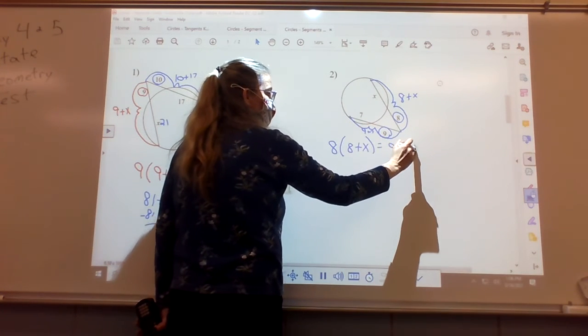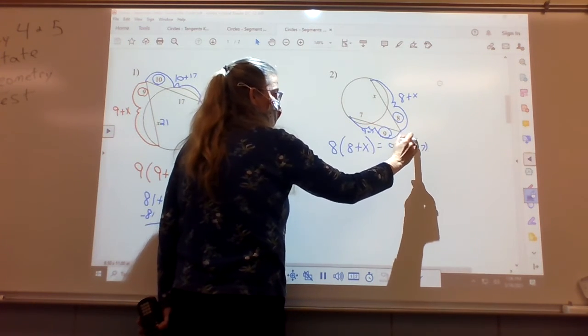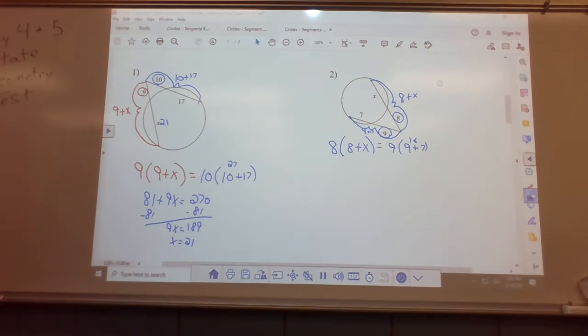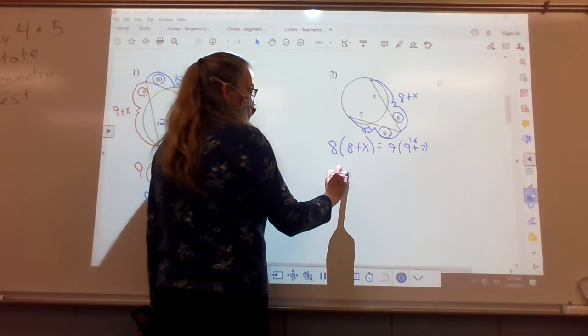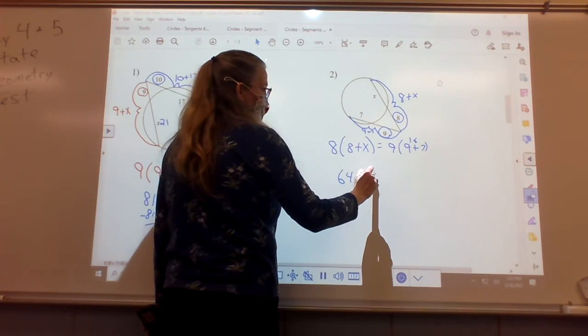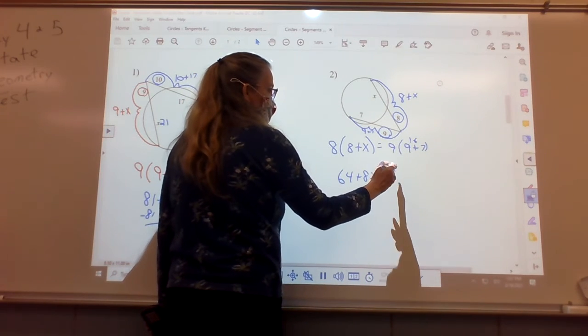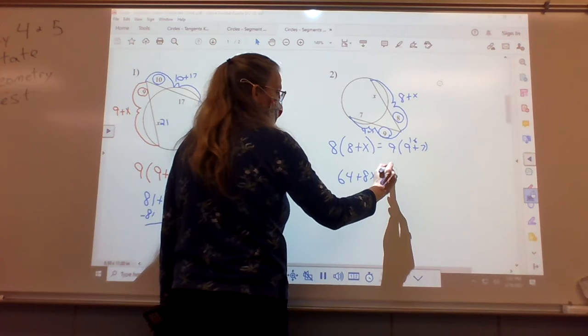If you want to go ahead and combine and get 16, that's fine, because we know PEMDAS says I need to do the parentheses first anyways, if I can. So 64 plus 8x equals 144.